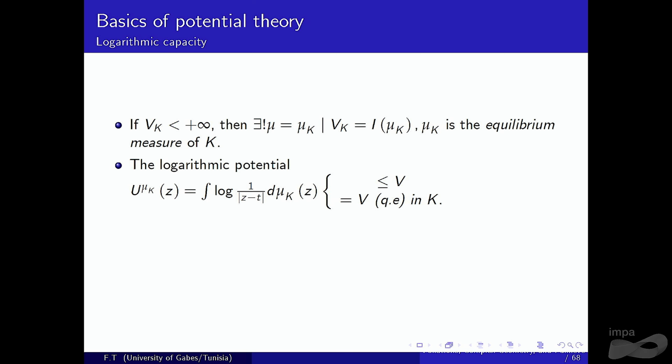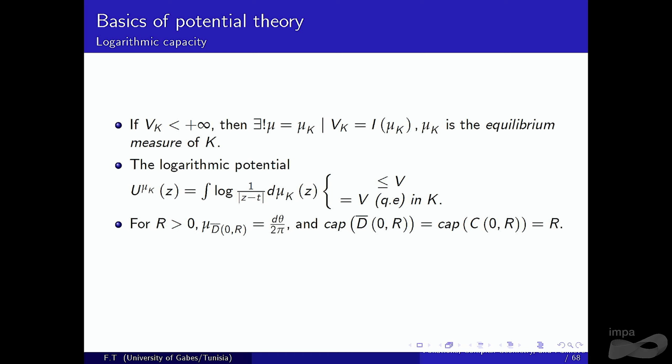Of course, in the particular case when V_K, the energy of our compact, is finite, then there exists a unique measure, called the equilibrium measure of K, where the infimum is attained. We also define the logarithmic potential of this measure as the integral of the logarithm of 1 over the absolute value of z minus t, d mu_K(t), and it is characterized by this inequality and equality.